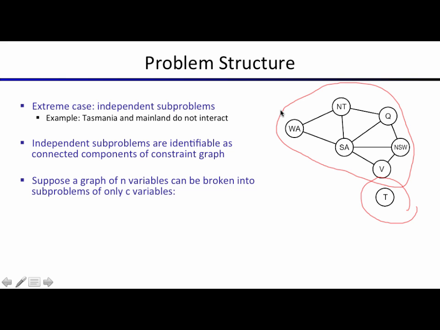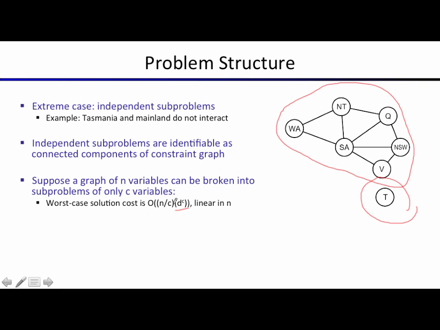Good. So now, let's say that I have a graph with n variables, and I actually identify that it can be broken up into separate connected components, and each connected component has about c variables in it. Let's assume that. Note that the worst case complexity is actually kind of nice. In each connected component, I have c variables, so that's d to the c possible assignments.